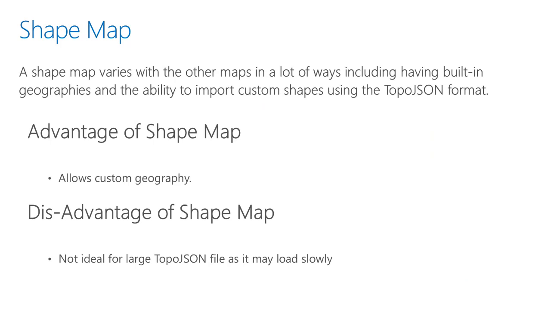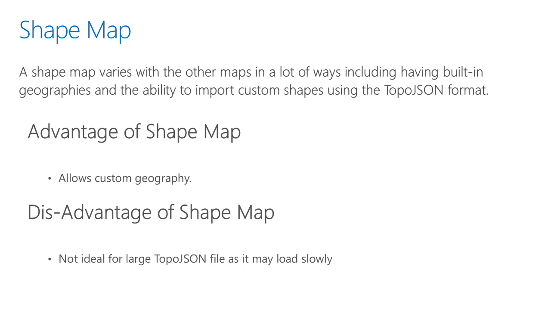And so the shape map takes in a JSON format file. That is what it is going to use to show the map. However, there are also some built-in geographies.